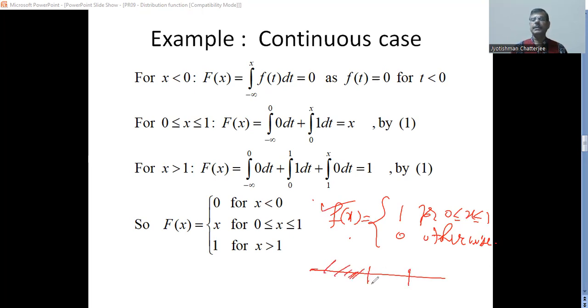All the numbers less than 0, between 0 and 1, and above 1. Accordingly, let's find out capital F of x for all these 3 ranges.